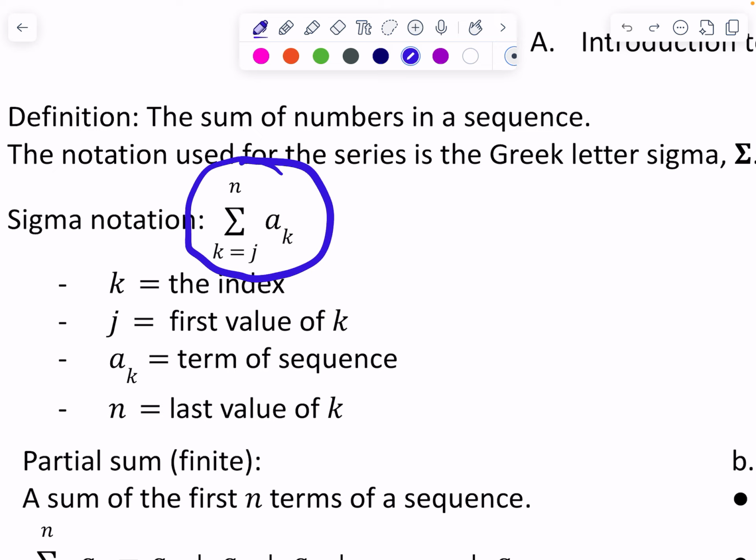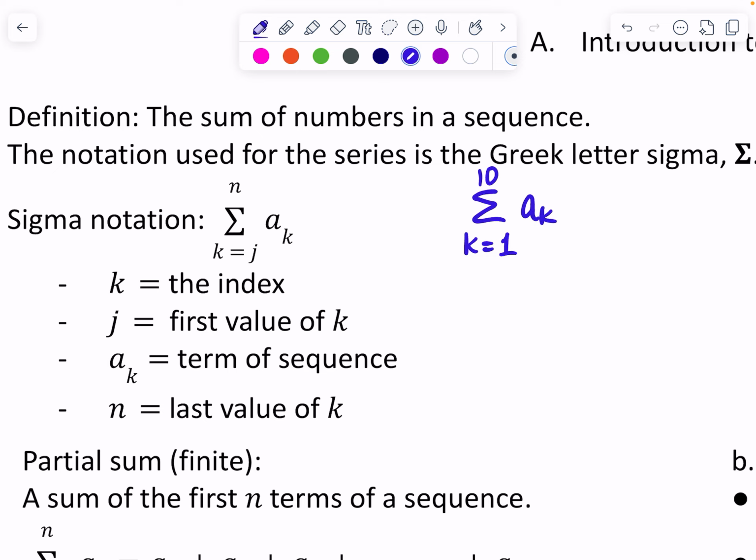Now, how does the summation part of it work? Summation basically tells you, hey, I want to add the first 10 numbers of a series. So k would represent, I'm going from k equals 1 to 10, n equals 10, which means please add the first 10 numbers of the sequence. And clearly this represents the term of the sequence.